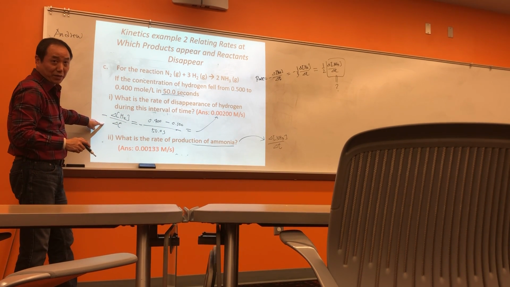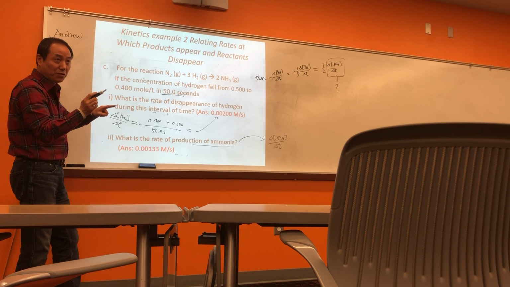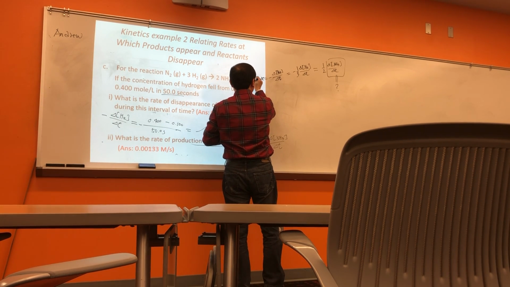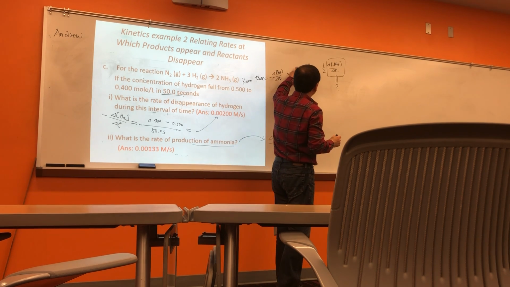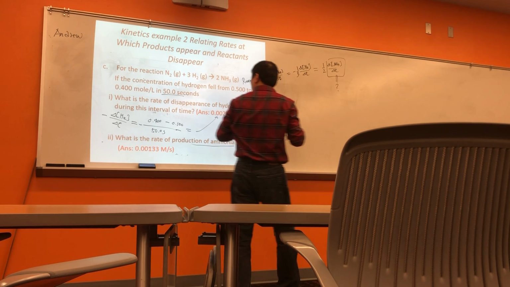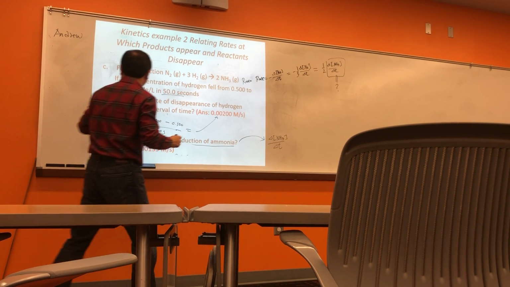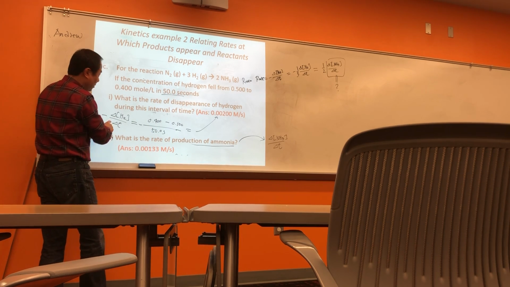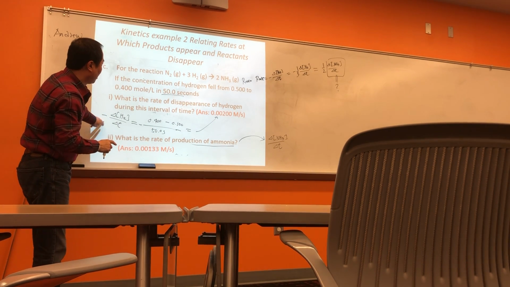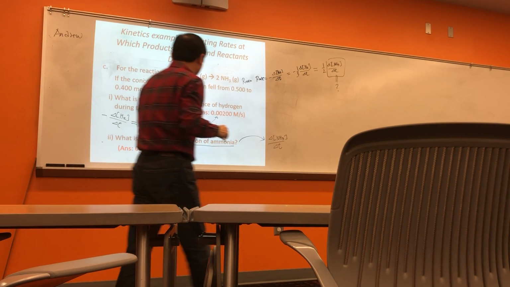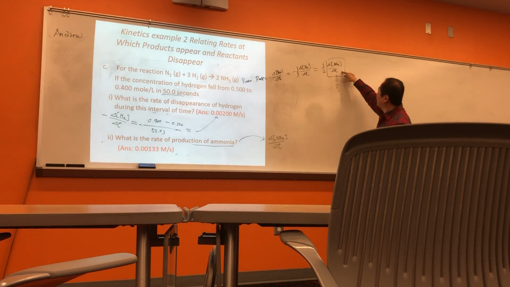This is not the reaction rate. You have to distinguish between the two. The reaction rate should include this number divided by the coefficient. But when they say disappearance of hydrogen, it doesn't have that number. This is the disappearance of hydrogen. So production of ammonia is this, not including that number.